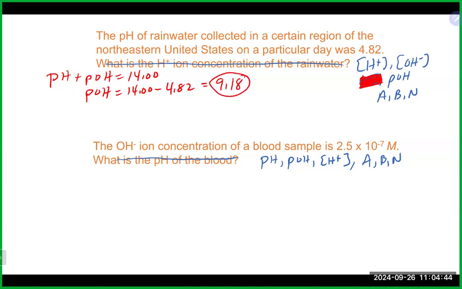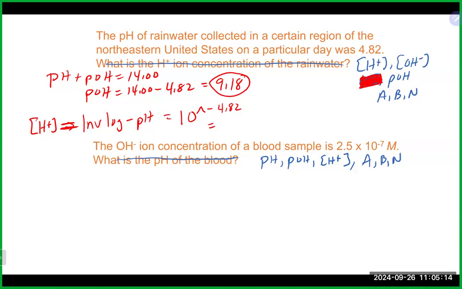At this point, I could have also started with the H plus concentration. Because I did have the pH given to me, the H plus concentration will equal the inverse log of the negative pH. On your calculator, when you punch that in, it'll probably pop up a 10 and a caret. You want to make sure you make it negative in this case, and 4.82.